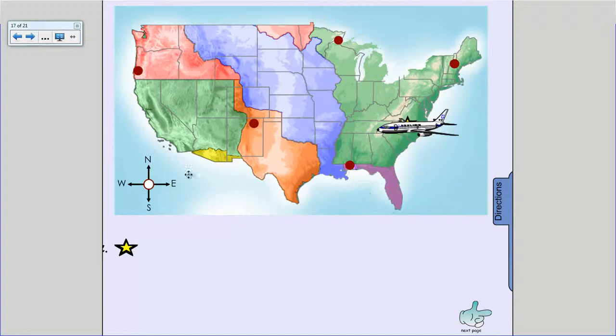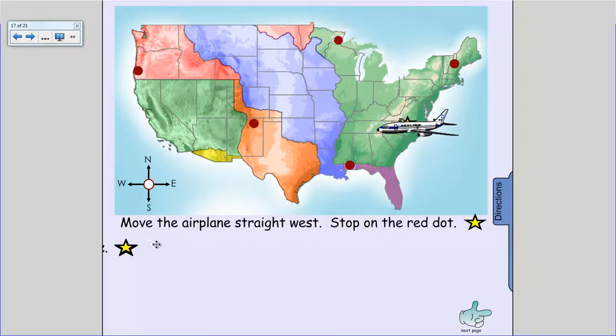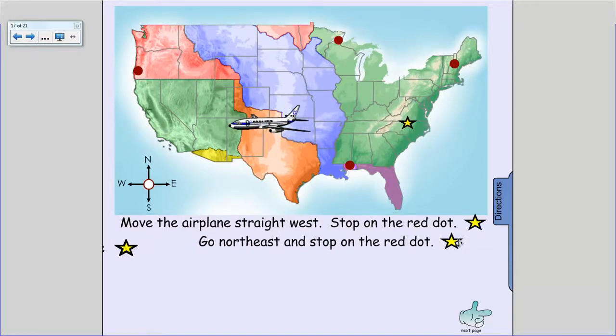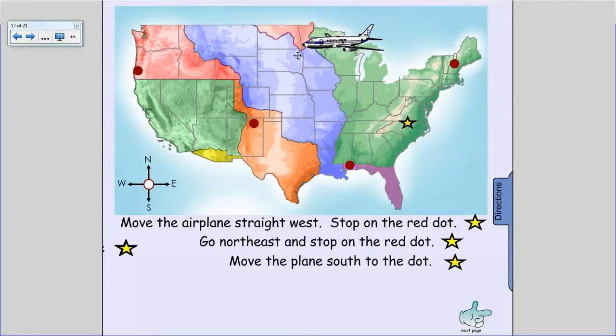And the objective, like I said, is more practice for the students to practice using the compass rose. So you pull out your stars, and it tells you exactly where to move your airplane. And they can move it to the proper red dot after they pull their directions out.